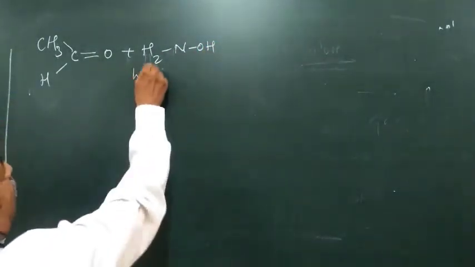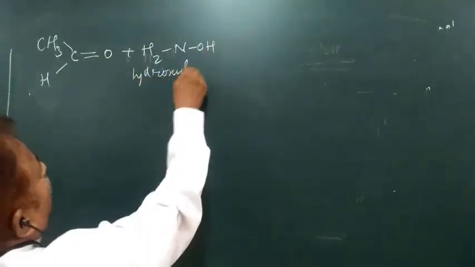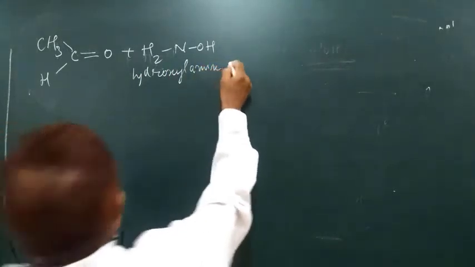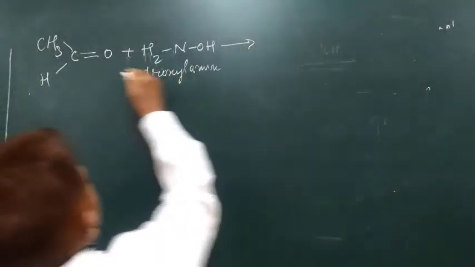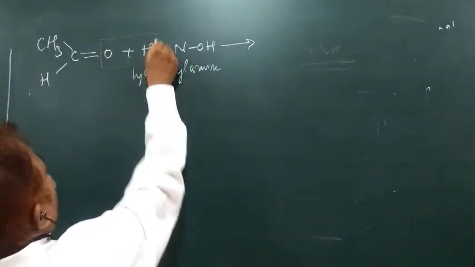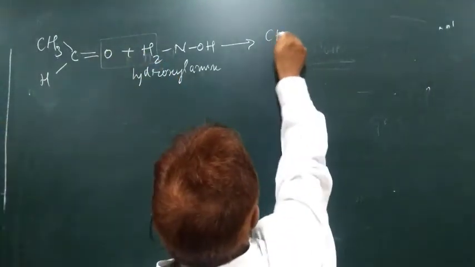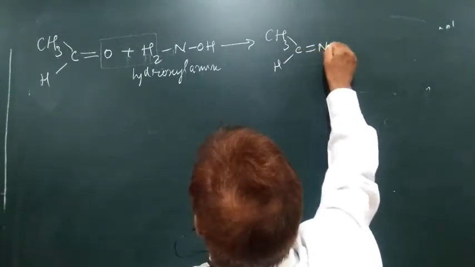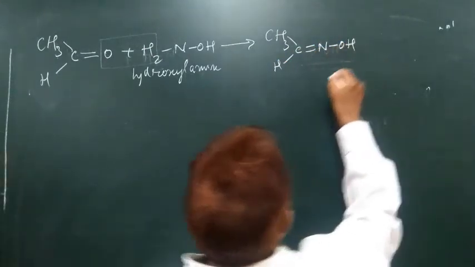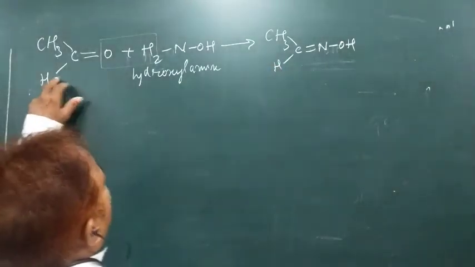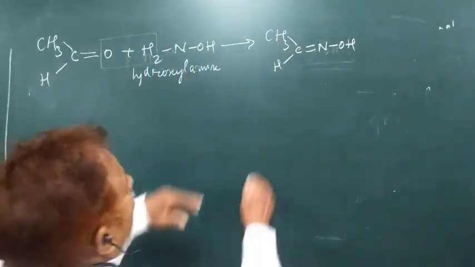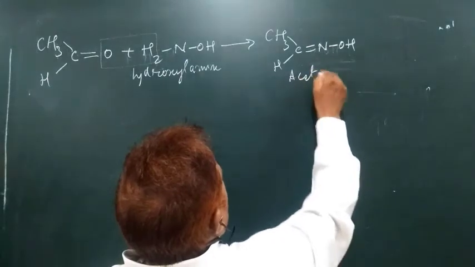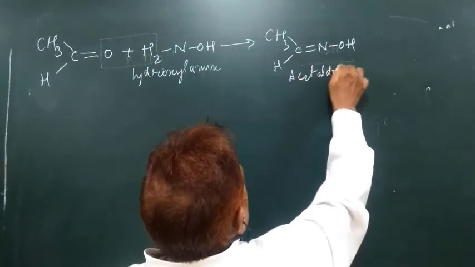NH2OH is hydroxylamine, and it reacts here. Water is removed, so this is CH3CH=NOH. This is acetaldehyde oxime.